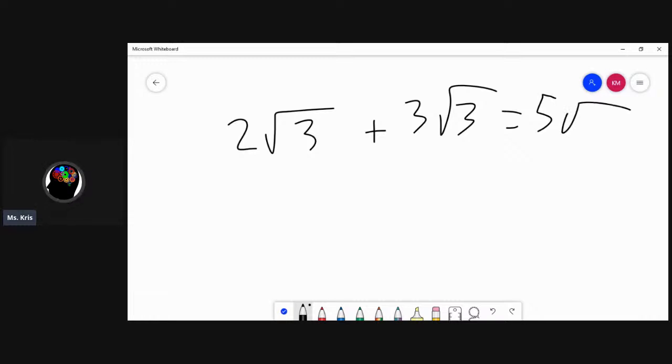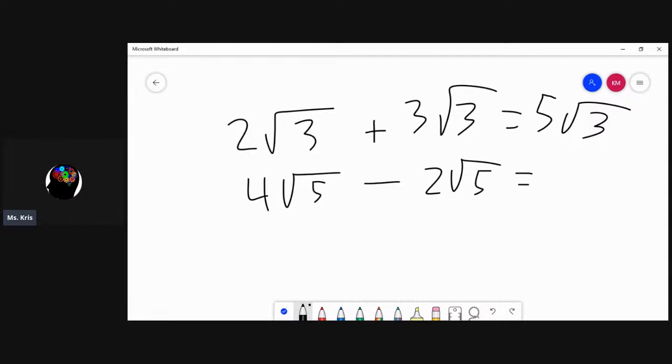That gives me 5 square roots of 3. Same rule applies if you have 4 square root of 5 minus 2 square roots of 5. That will give me 2 square roots of 5.